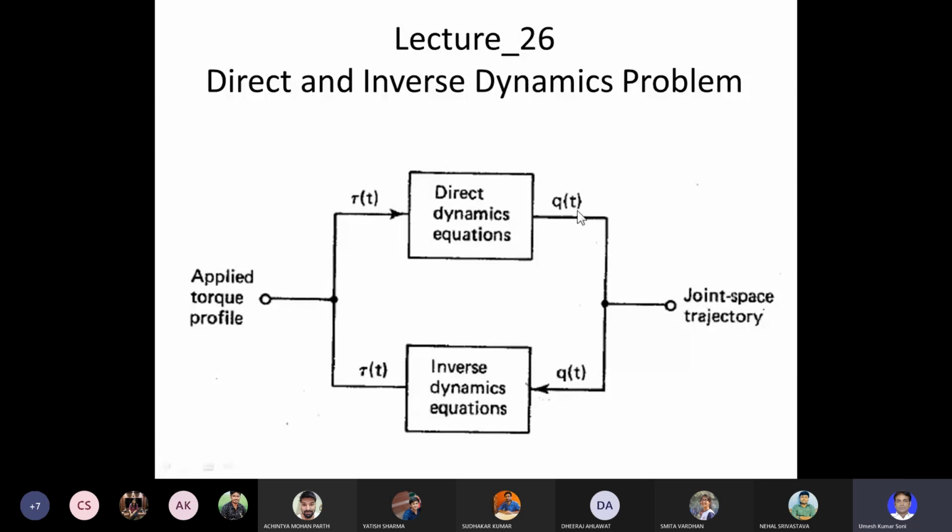So how these joint variables are varying with the time, that will be the trajectory.